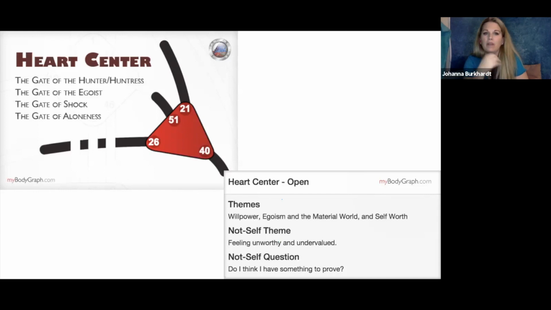I want to say something about when your heart center is defined, because my heart center is defined, and there's not a huge percentage of people that have a defined heart. And so what I want to say about this is, being at the will center, you'll identify with this, you'll know who you are. Whereas you are able to, say it takes someone all day to clean their house, and you know that you have 10 minutes, you're going to get it done in 5.